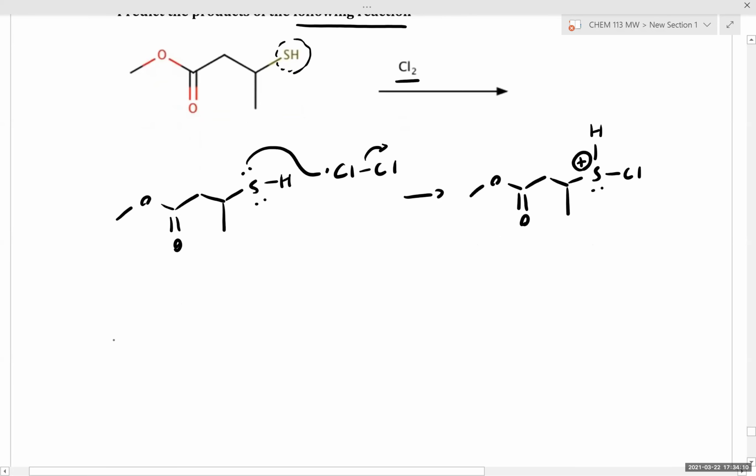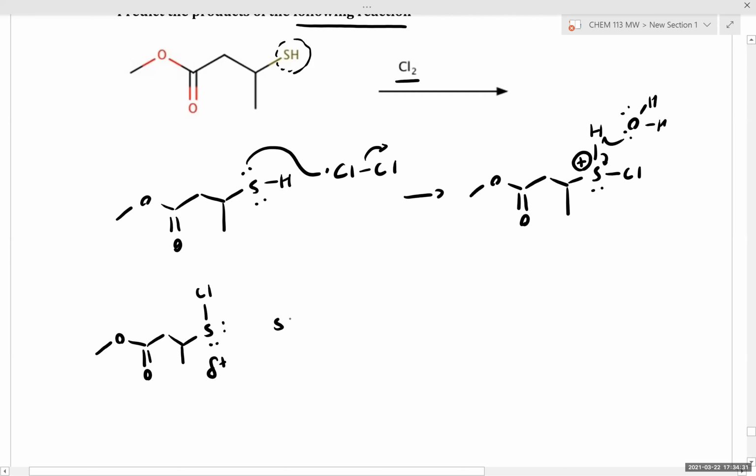From there, our solvent can pull off this proton, since it's quite an acidic species. Okay, we now have this very electrophilic sulfur atom.